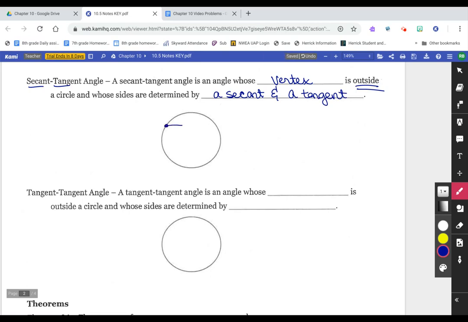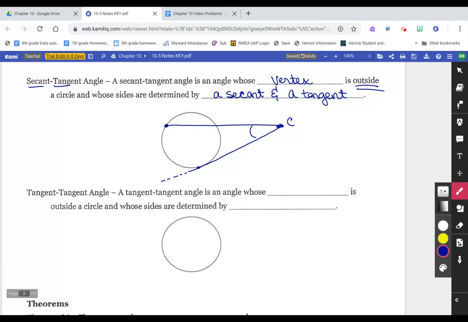Remember, it's a chord. It goes through the circle. And now a tangent, the tangent only touches the circle at one point. So if I go like that, then that would be a tangent. And you could extend it if you want. It doesn't matter. But this angle right here would be your secant-tangent angle.